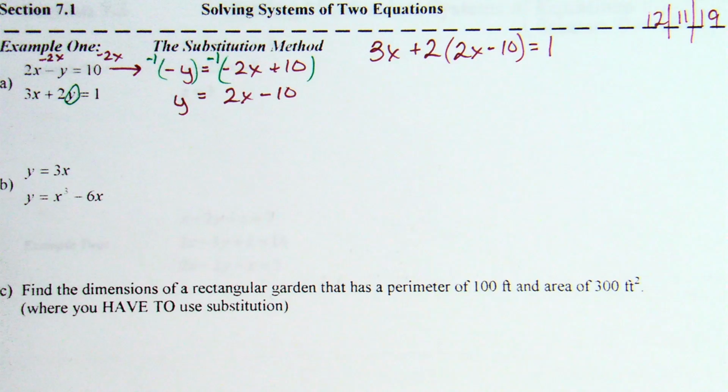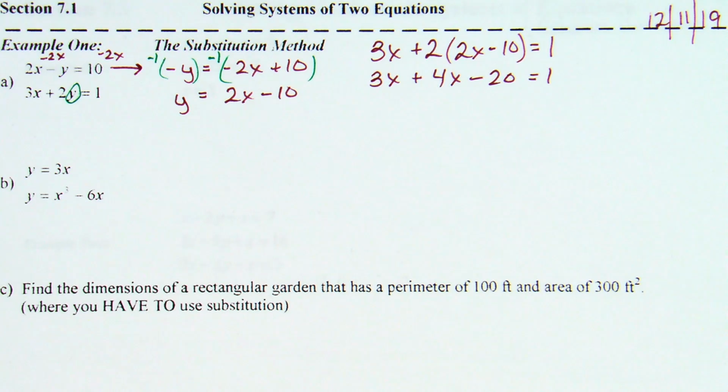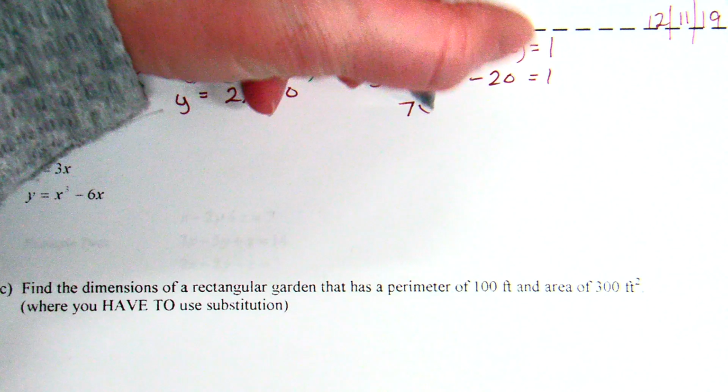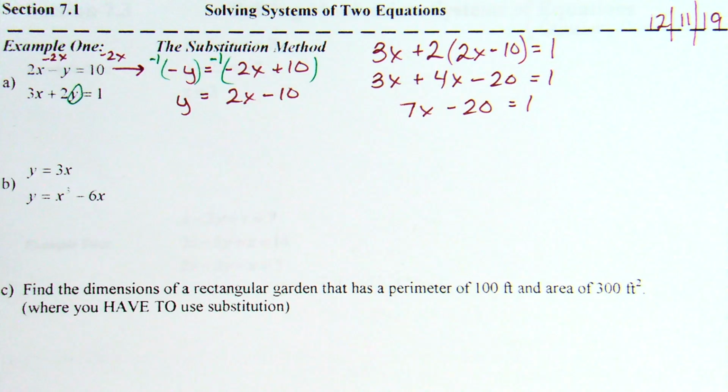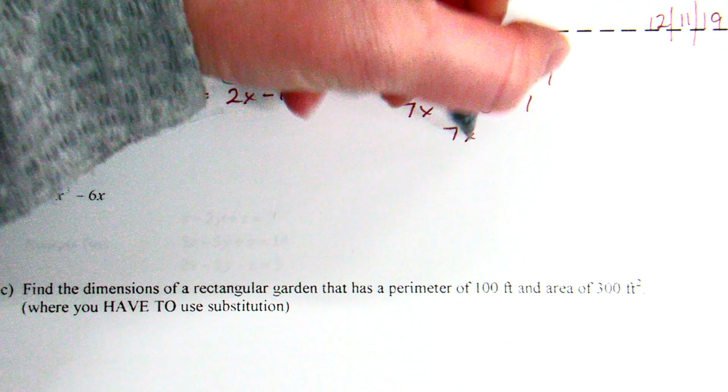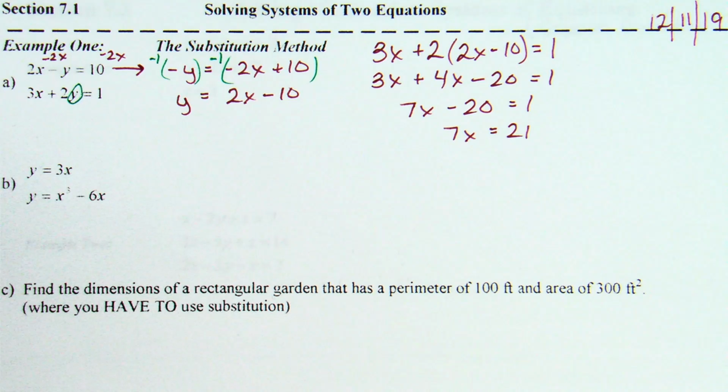The equation still equals 1. How do I solve? We need to distribute. So 3x plus 4x minus 20 equals 1. What's next? Combine like terms. 3x and 4x is 7x, minus 20 equals 1.